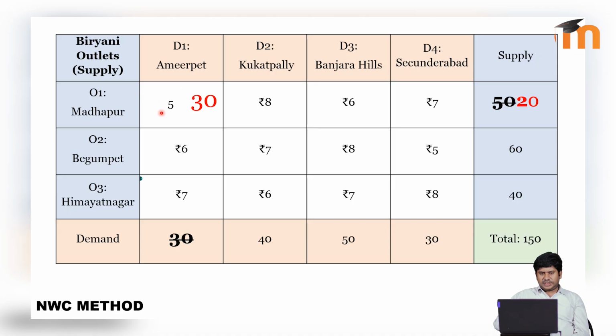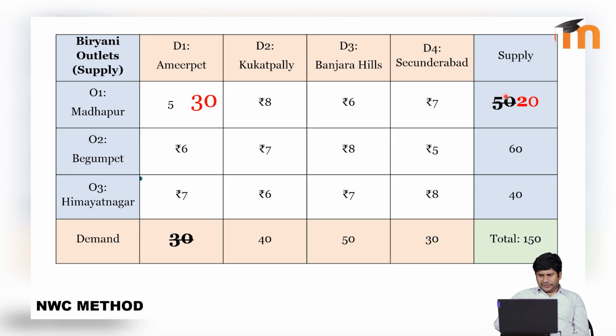It is the cost for transporting the order from Madhapur to Amirpet. In Amirpet, the demand is 30. From Madhapur, they can supply 50 orders.